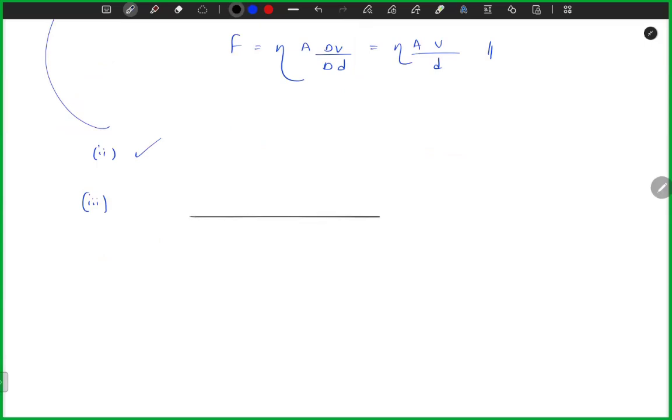So we have a thickness of how much? 1 millimeter. So what's the mass that we have? 0.5 kilograms. Now we have to see the viscous force acting. You know the reaction here is equal to the weight.